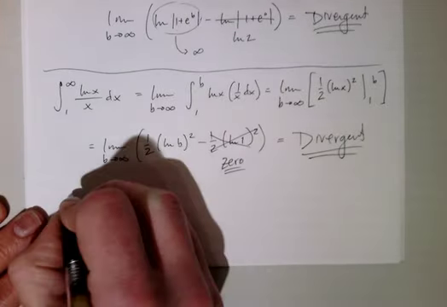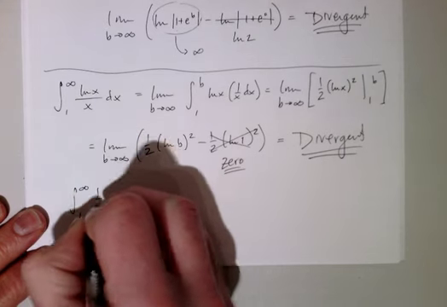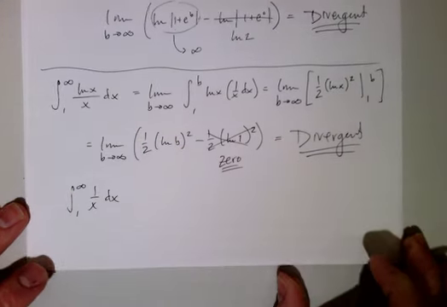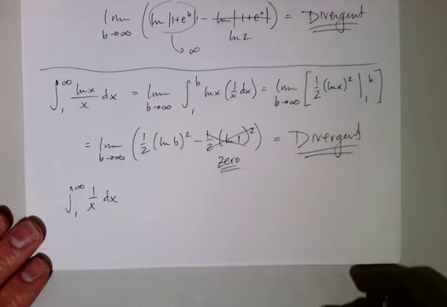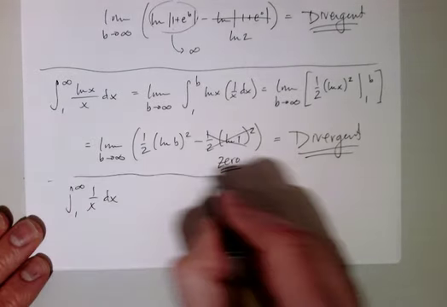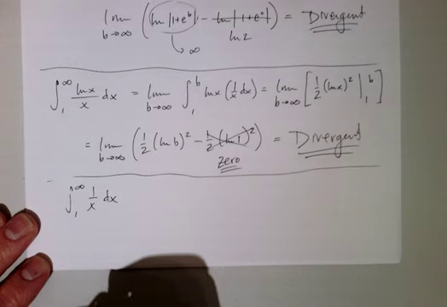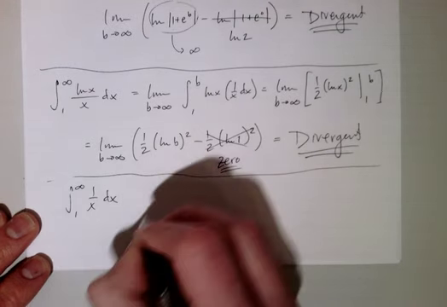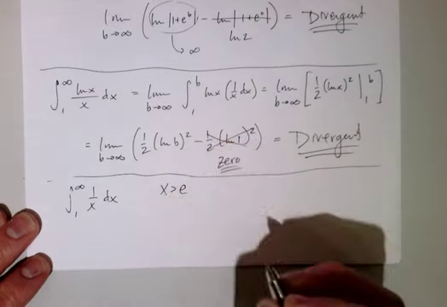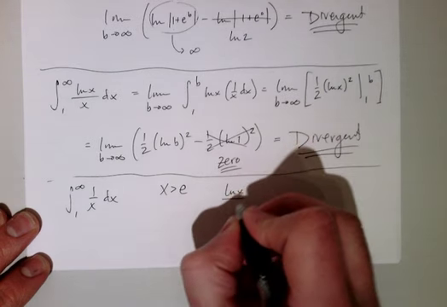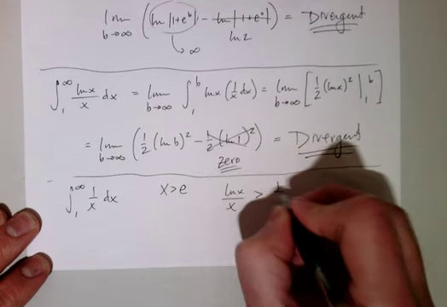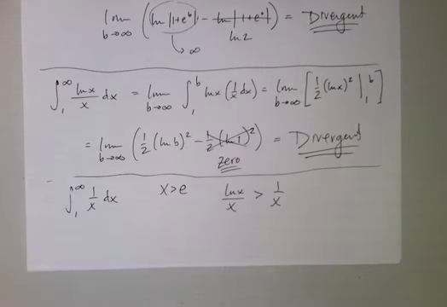Well, I already know that 1 over x dx is going to be divergent. Here's the thing: I can actually come to the conclusion that it's divergent by comparing them. Because for all x greater than e, meaning once I get beyond e, from e to infinity, natural log x over x is greater than 1 over x.